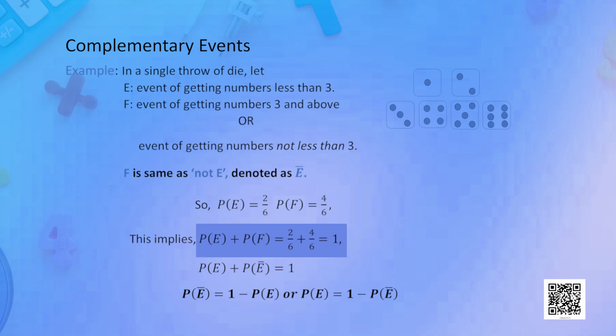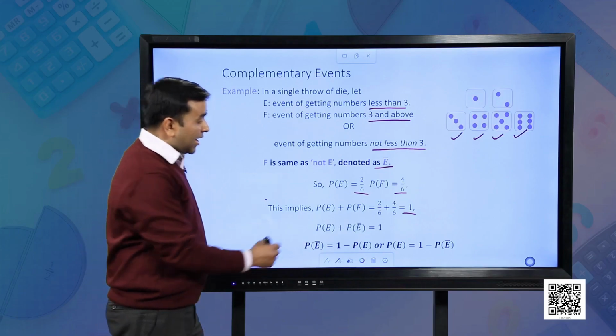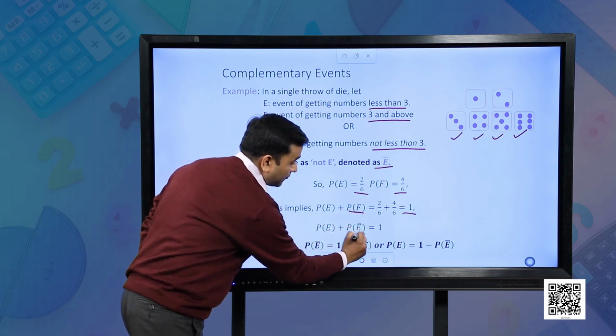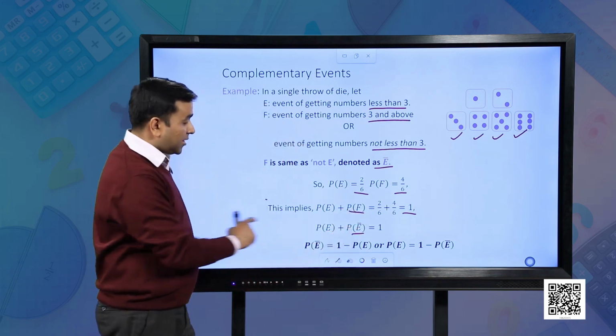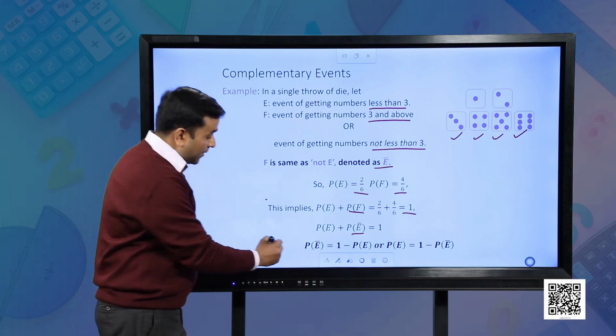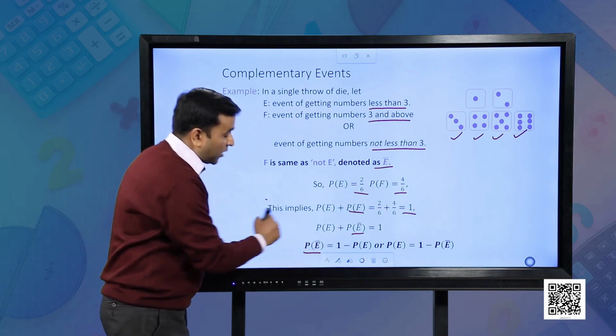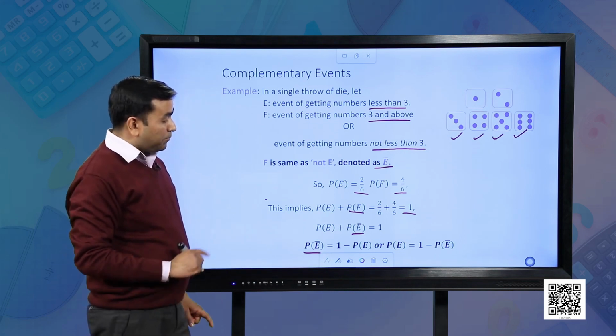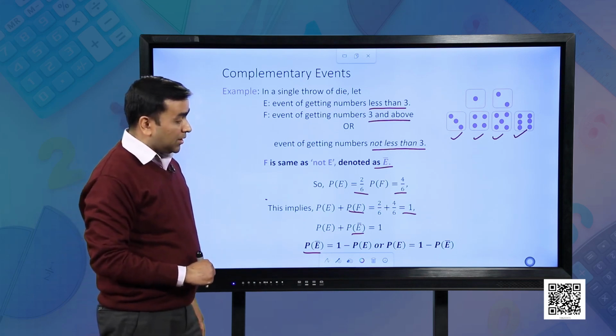This implies probability of E plus probability of F is 2 upon 6 plus 4 upon 6 equal to 1. We replace F with E bar and get the same result. We interchange the positions and get P(E bar) equal to 1 minus P(E), or P(E) equal to 1 minus P(E bar).